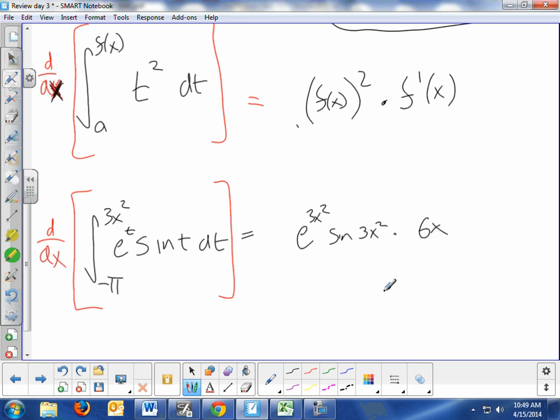And you will be given a question just like that on the test, where typically people remember to plug in, but they forget to multiply by the derivative. And these are problems that should be super, super simple to do if you just remember this rule.